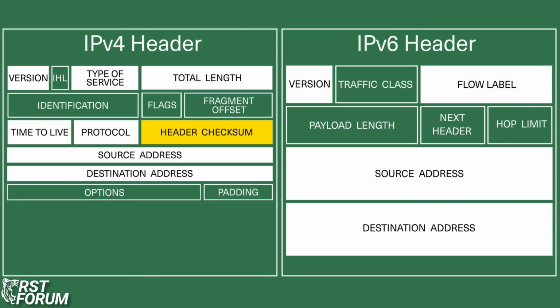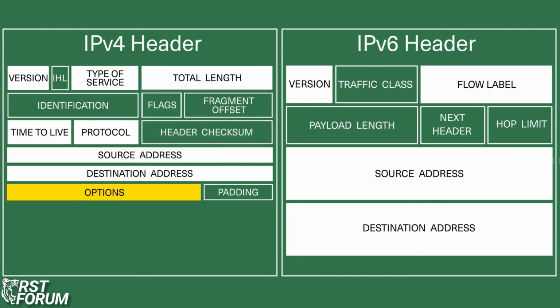The header checksum field at the IP layer was removed because most data link layer technologies already perform checksum and error control. The option field is not present in IPv6. In IPv6, a chain of extension headers processes any additional services, like authentication, ESP, etc.